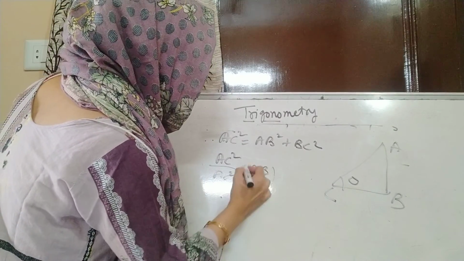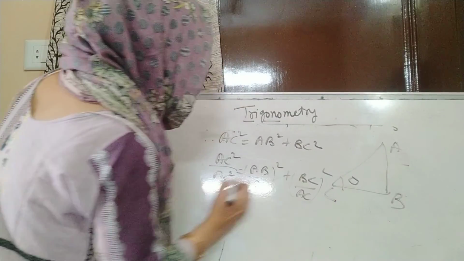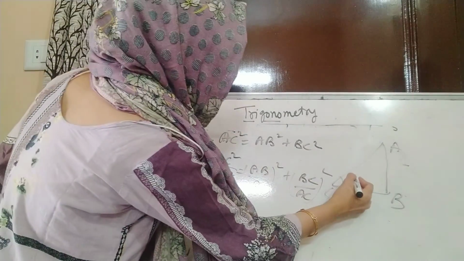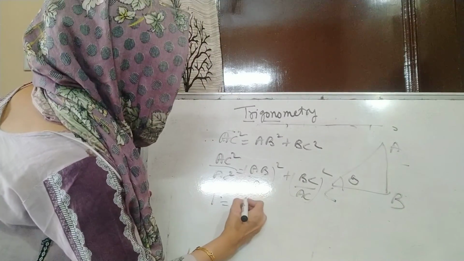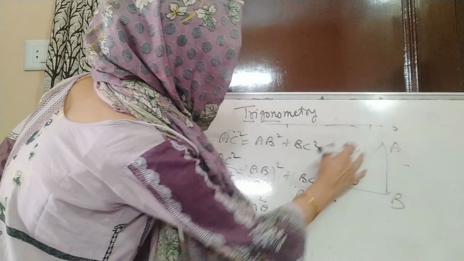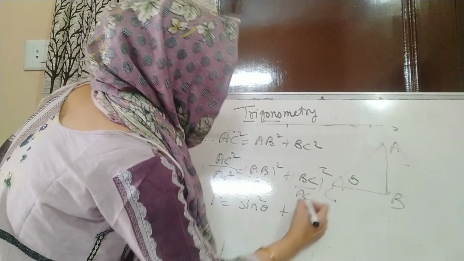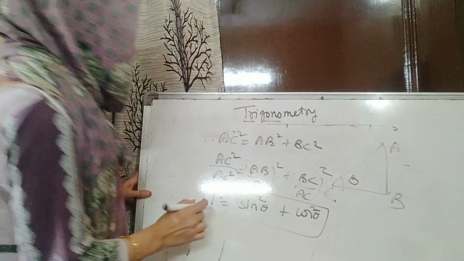So AB upon AC whole square plus BC upon AC whole square. So this is 1, and AB upon AC is perpendicular upon hypotenuse, so it will be sine theta. So sine square theta, and base upon hypotenuse BC upon AC is cos theta. So we get the first trigonometric identity as sine square theta plus cos square theta is equal to 1.